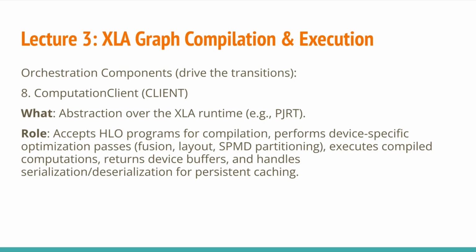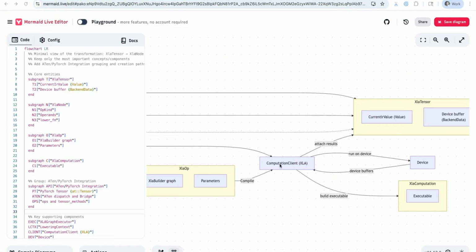The computation client is the client that PyTorch XLA uses to talk to the XLA runtime. It accepts HLO and instructs the XLA runtime to perform various optimizations and transformations. In our graph, the computation client is right here. It's a bridge to talk with the XLA device and XLA runtime.